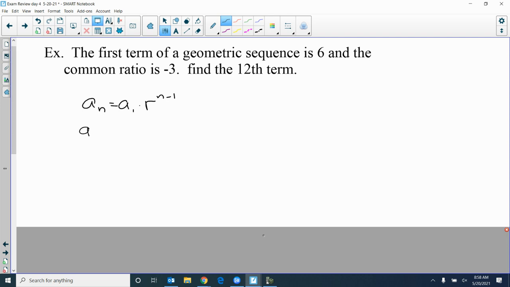They want to know the 12th term, so that means n is 12. R is -3. A sub 1 is 6. So it's going to be a sub 12 equals 6 times -3 to the 12 minus 1. Now here's one where if you don't put -3 in parentheses in your calculator, you have a good chance of missing it.